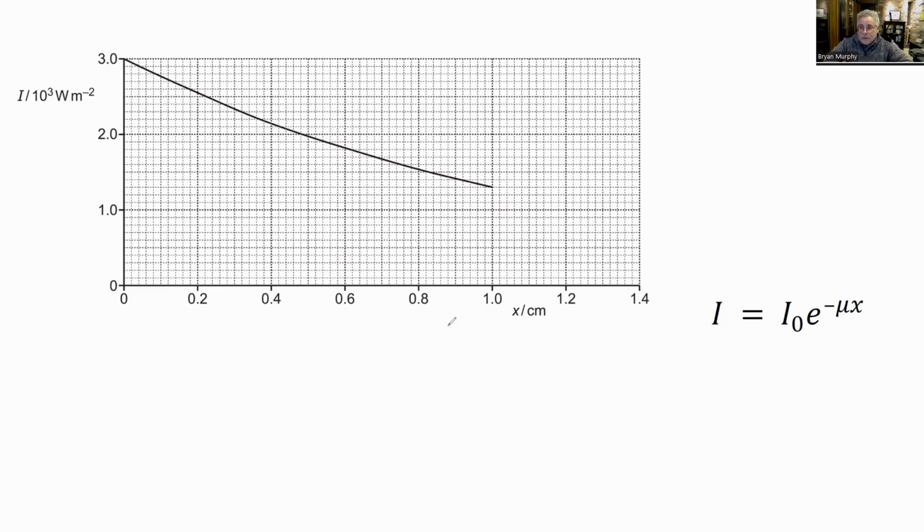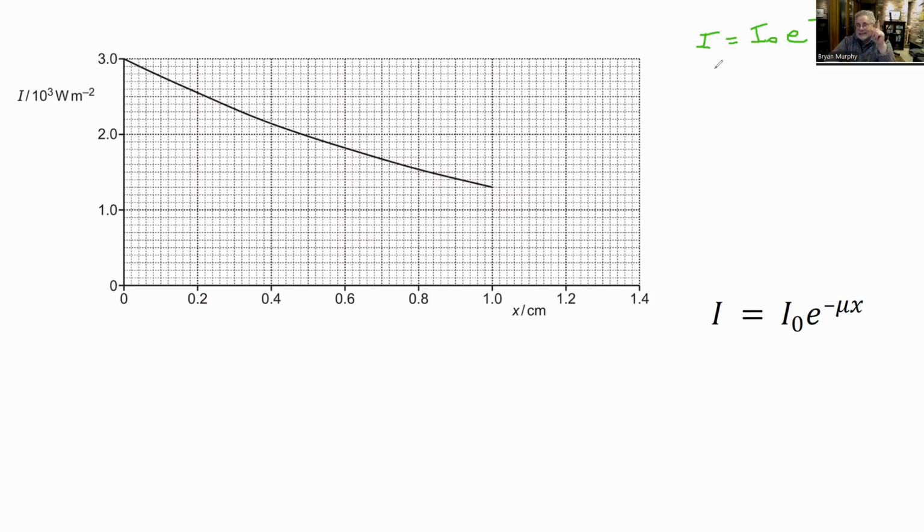So I'm just going to go through the maths. I'll do it up here. We've got I equals I naught e to the minus mu x. You could, if you wanted to, take some values from that and do something complicated. I can't be bothered. Watch this.